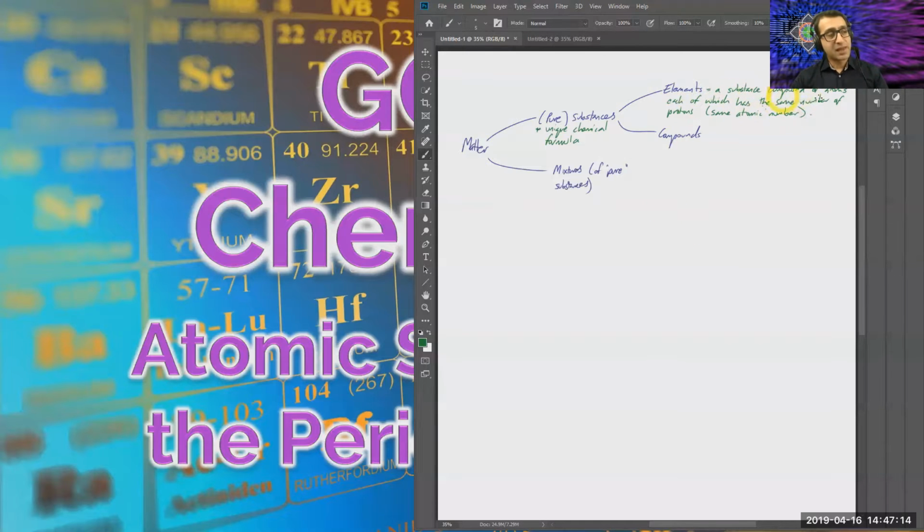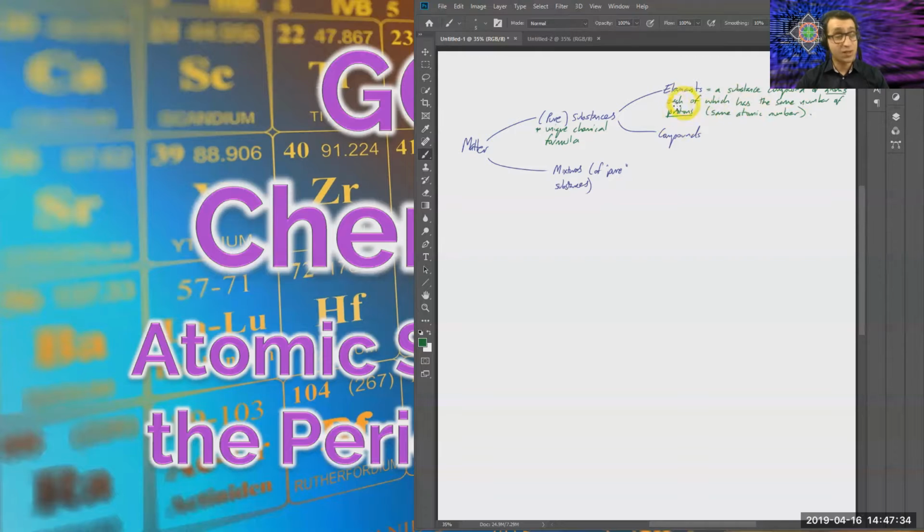Now, if we examine this definition a little bit more closely, what we'll see is that the term element is being defined in terms of another key term, atoms. And the term element also requires not just atoms, but atoms which are identical to each other in the sense that they have the same number of protons.